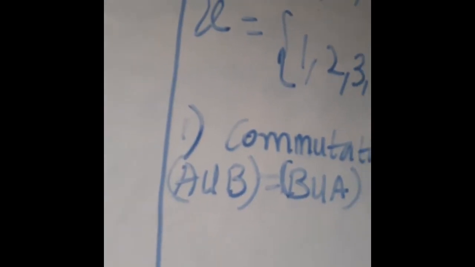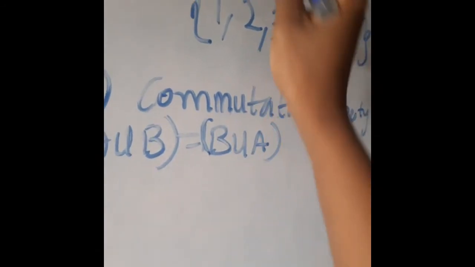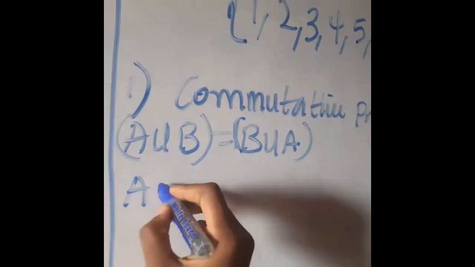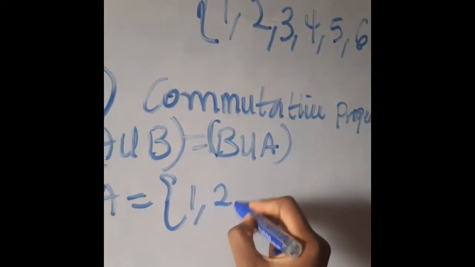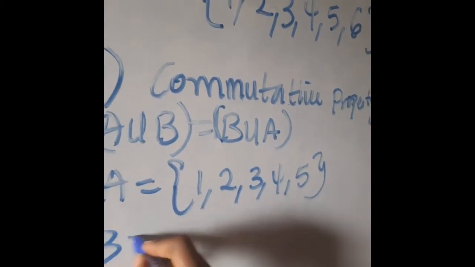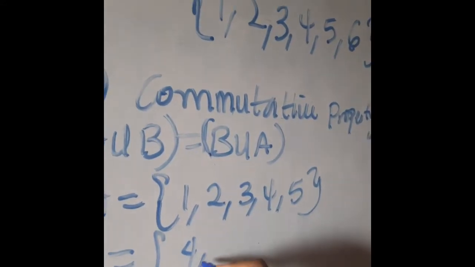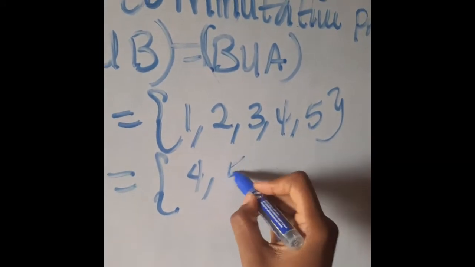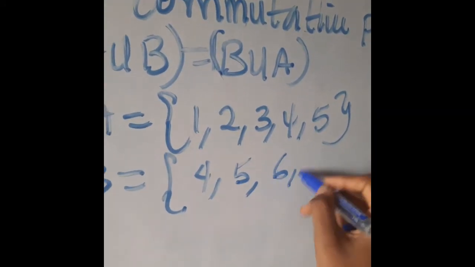So A union B. This is our A equals 1, 2, 3, 4, 5, and our B equals 4, 5, 6, and 3.